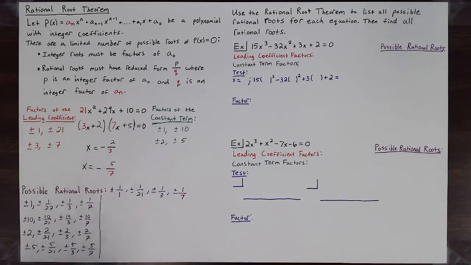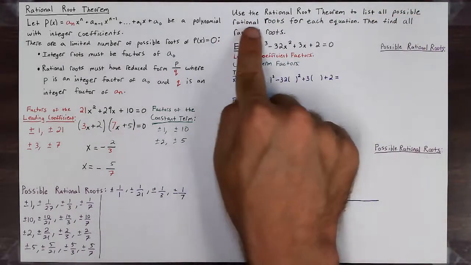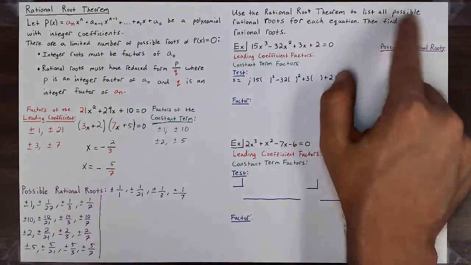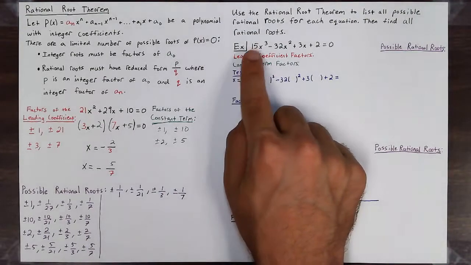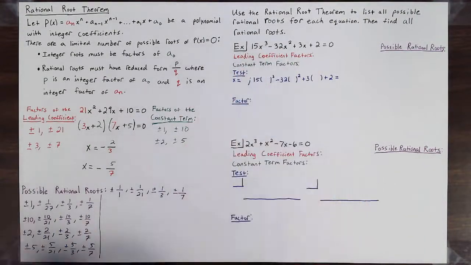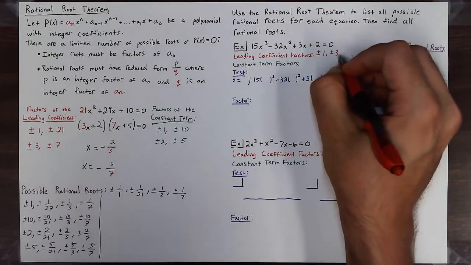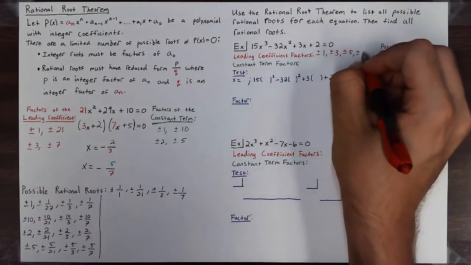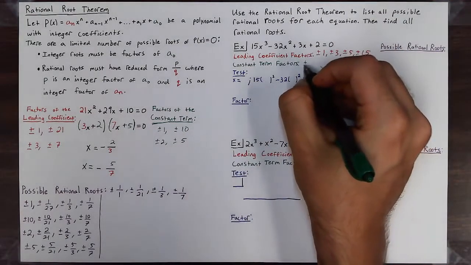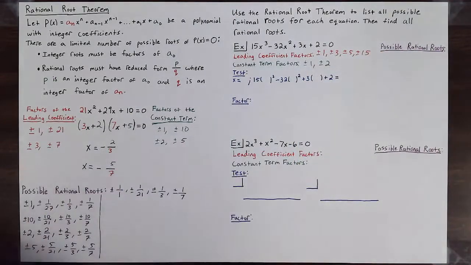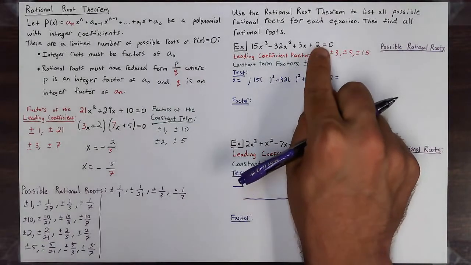Now let's use it in practice to solve an equation. So let's say we're going to use the rational root theorem to first list all possible rational roots for each equation, and then we're going to find those rational roots. So looking here, what are the leading coefficient factors? Well, for 15, we know it's 1 and 15 and 3 and 5. So I'm going to list all of those numbers out. And all the constant term factors are just 1 and 2. So all the possible rational roots would be all of the constant terms over the leading coefficients.